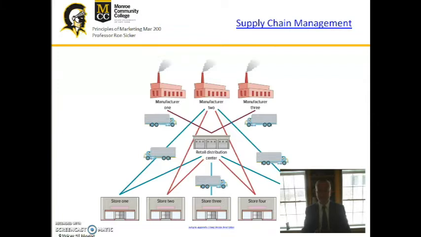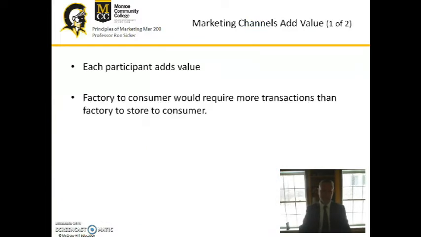So with supply chain management, what we're trying to do is make it as efficient as possible, as well as cost effective as possible, to get the goods to the consumer.